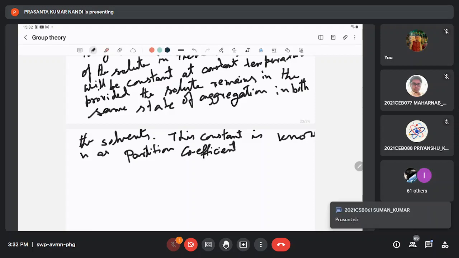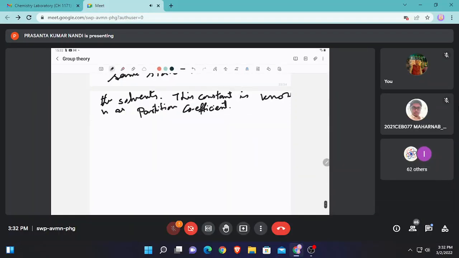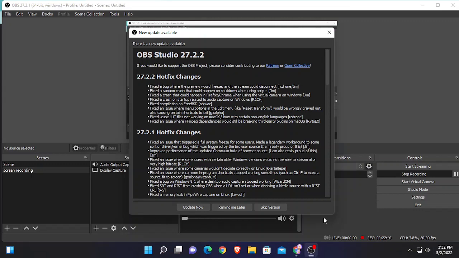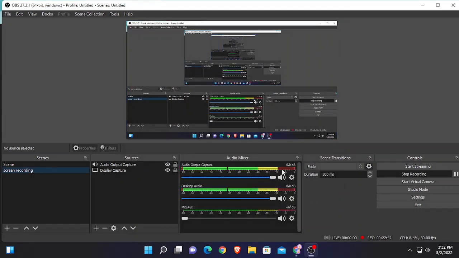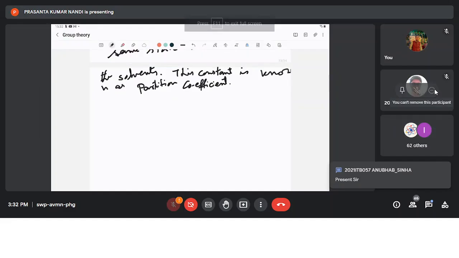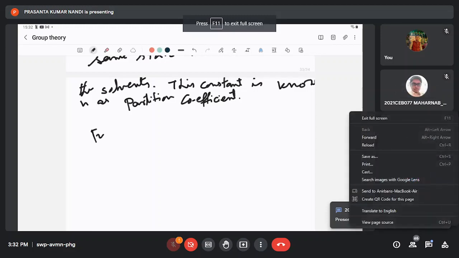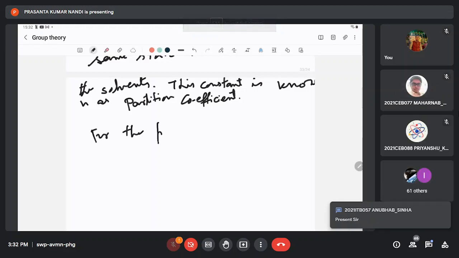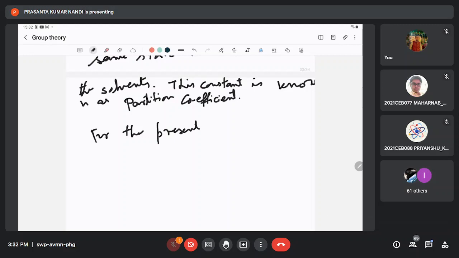Okay, right. Suppose we have water and toluene, for the present case, where benzoic acid is the solute.